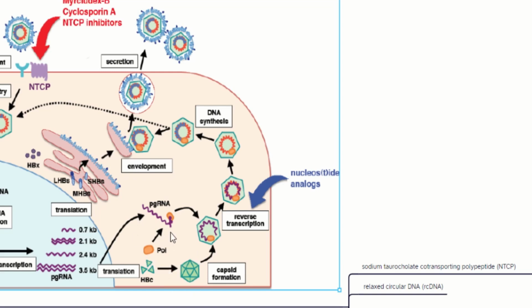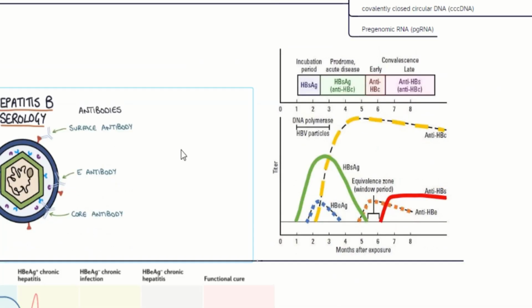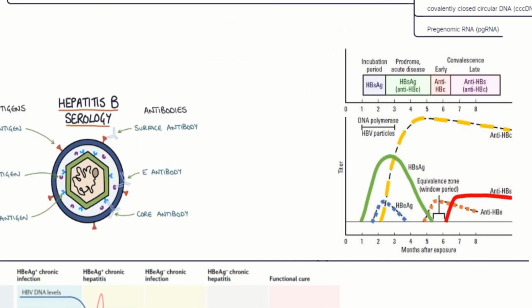This RNA will be another building block for the envelope of the virus, the capsid of the virus, and the DNA of the virus. They can go into a new subunit of a capsid and DNA and reinfect the nucleus, or they can get an envelope and go out of the cell through secretion and infect other hepatocytes.